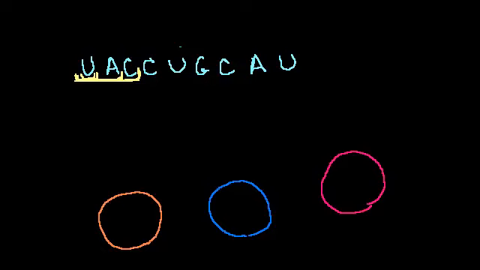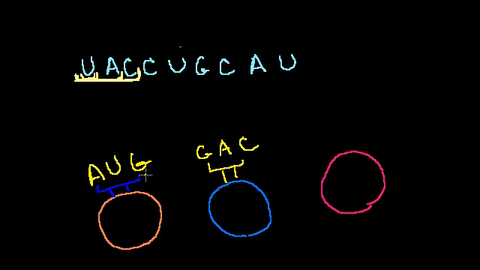So let's say this amino acid is attached to a tRNA molecule that has on it the code, let me do it in a darker color, the code A U G. And this one right here has, let me pick another one, let's say G A C.